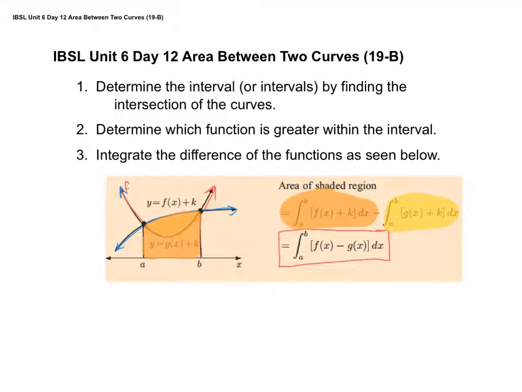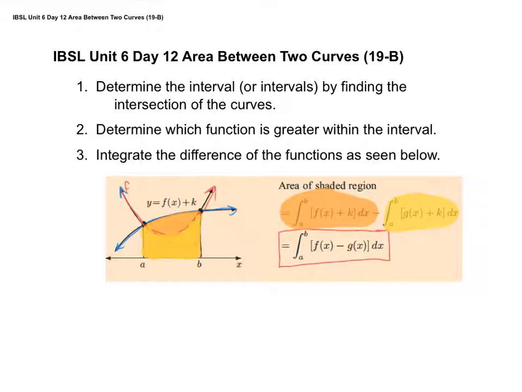Well, we can see g of x, I'll outline this again so we can see it a little better. There's our g of x. If I were to take the integral of that, I would have this area right here. The integral of g of x is actually the part that we don't want.